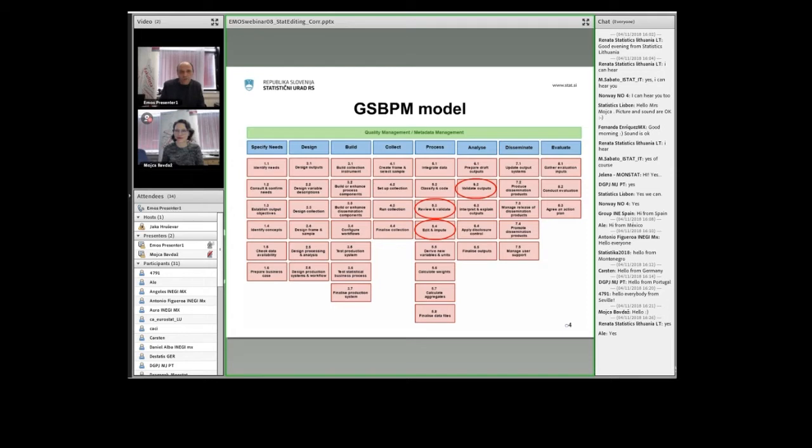But if you look at data editing a bit more broadly, you will see that it comes also in other sub-processes, because the fact is that data editing can be included also in the earlier phases of the process. The typical example, I think most of you know, is questionnaires which are built in a computer-assisted way.